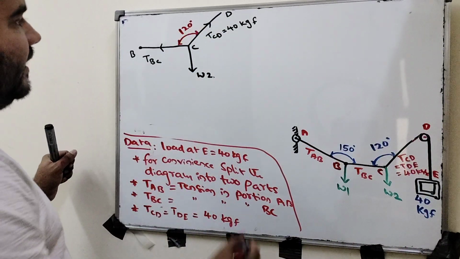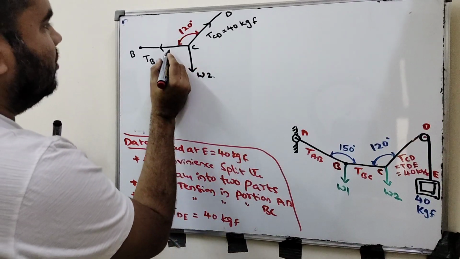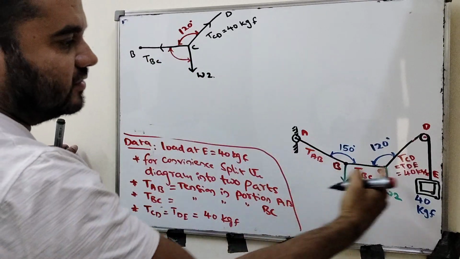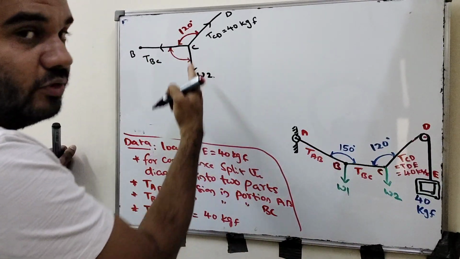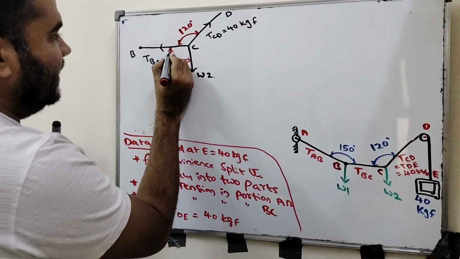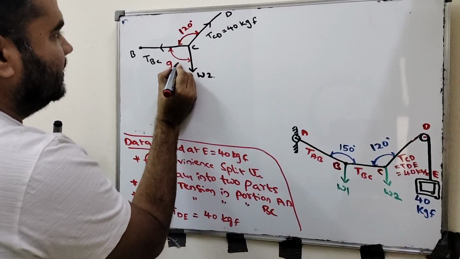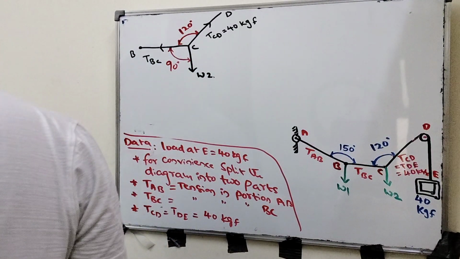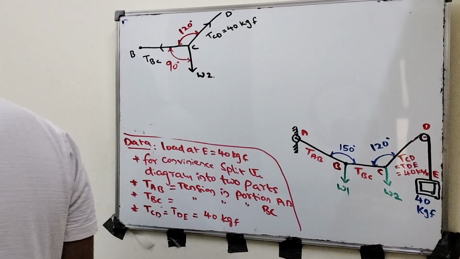Okay. Next, this is how much? 90 degrees. This is exactly horizontal, because BC is horizontal and W2 is vertical. So can I write it as 90 degrees here? Then the remaining, how will we calculate?